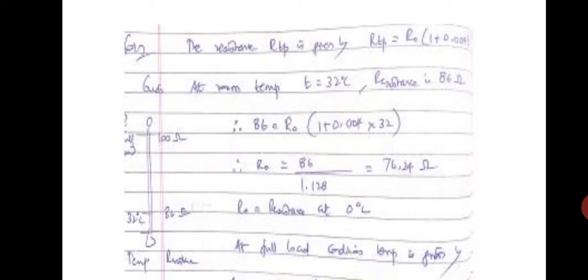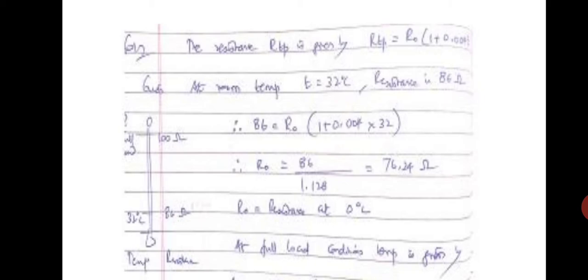The resistance RT is given by the relationship RT is equal to R naught in bracket 1 plus 0.004 into T bracket close, where R naught is the resistance at 0 degrees centigrade. We know the given values: room temperature is 32 degrees centigrade and the resistance at that temperature is 86 ohms.